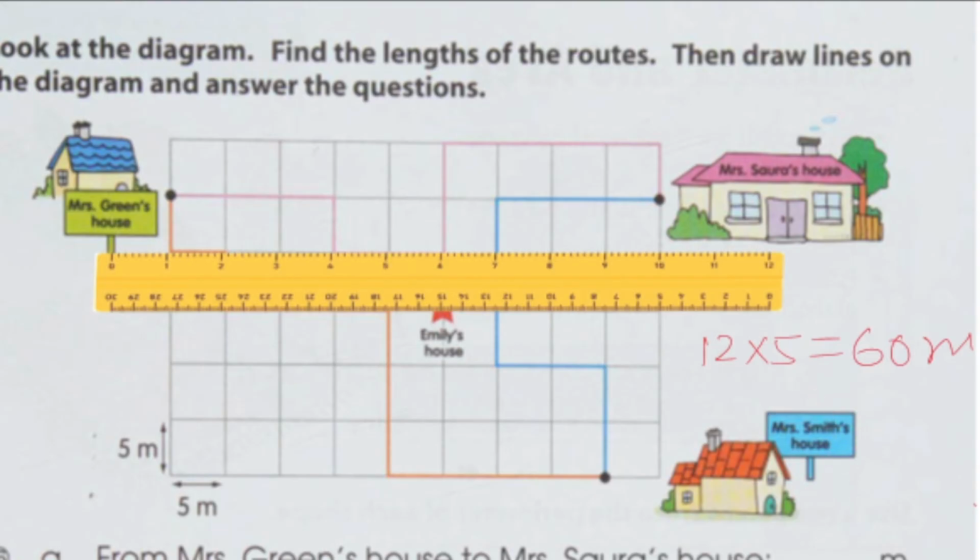So we can write the direct distance between their houses is 62 meter, because this is more than 12 inch, and 12 inch is equal to 60. So this is 62 meter. From Green's house to Mrs. Smith's house, this is Mrs. Smith's house. Now I will fix the scale between them.